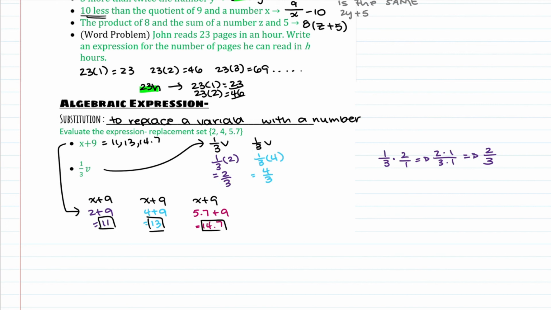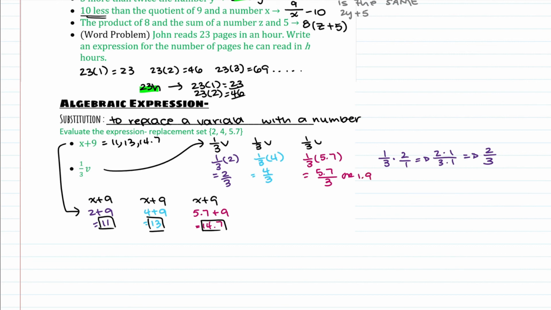And last but certainly not the least, 1/3 v, and this time we're going to be plugging in 5.7 for v. And this should get us 5.7 over 3, which in decimal terms is 1.9.